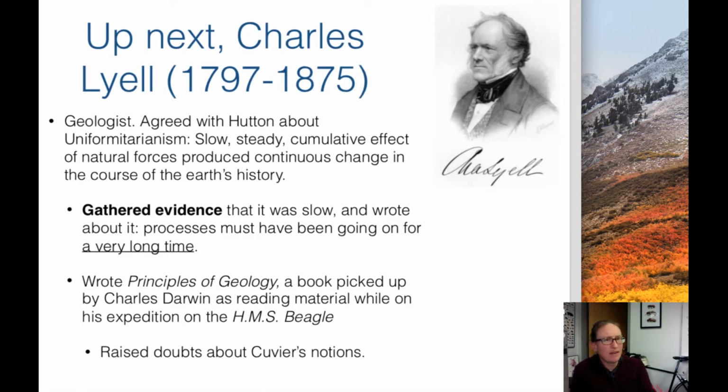From there, our next historic character is this guy, Charles Lyell. Charles Lyell was a geologist, and he agreed with Hutton about these ideas of uniformitarianism. So he observed the same thing, drew the same type of conclusion.